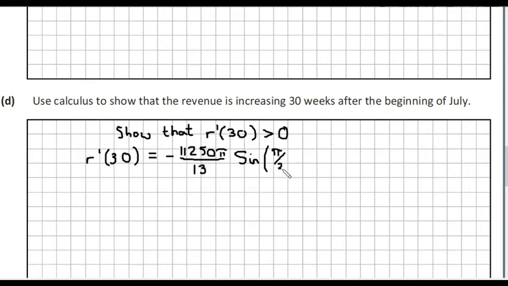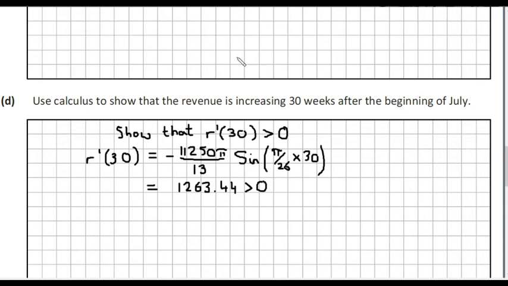And then all you've got to do now is just make sure that this is going to end up being positive. So again, you can type that all into the calculator in one go. And again, make sure your calculator is in radian mode. So when you put all that into the calculator, we're going to get 1,263.44. And that is certainly greater than 0.